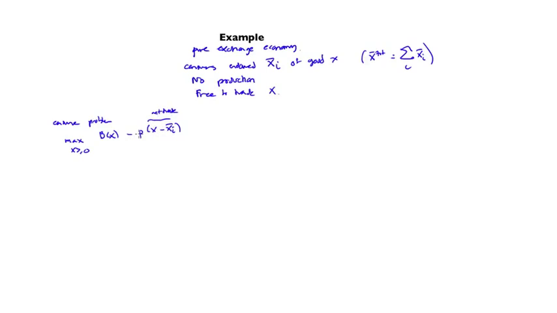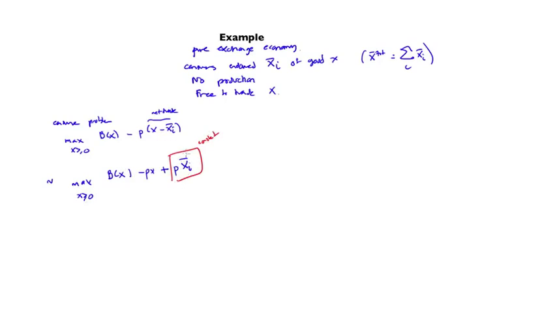Now notice that we can rewrite this as the maximization over X greater or equal than 0 of B of X minus PX plus P times X bar I. And notice, this is the key, that this last term is a constant from the point of view of the problem that the consumer is trying to solve, selecting how much X to buy.